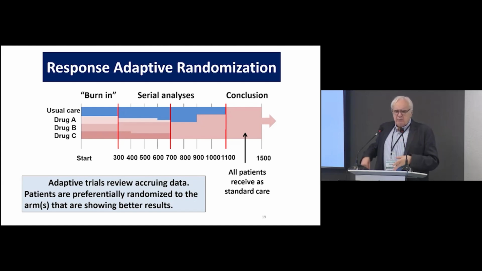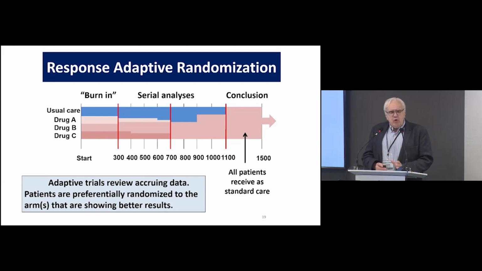So this is how that would work in a hypothetical trial where you look at 3 different drugs compared to usual care. You randomize in a 1-to-1-to-1-to-1 ratio at baseline. You conduct these analyses, and as you go forward, you see that usual care and drug B seem to be doing somewhat better. So more patients receive those, and by 700 patients, it's a trial of usual care versus a single drug, but the single drug seems to be doing better, and you've reached a conclusion.